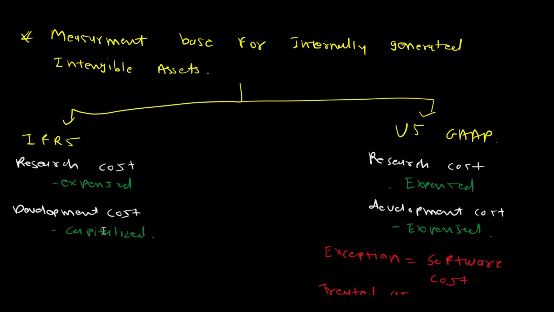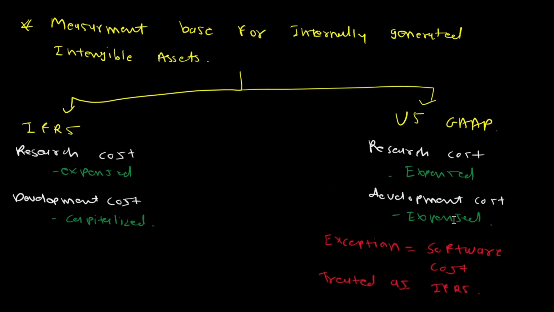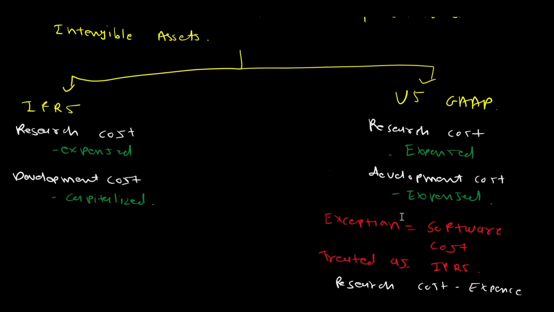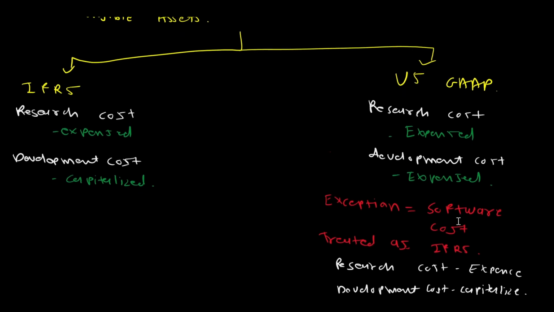But US GAAP says that research cost and development cost both should be expensed. You can't capitalize research and development cost except software cost.